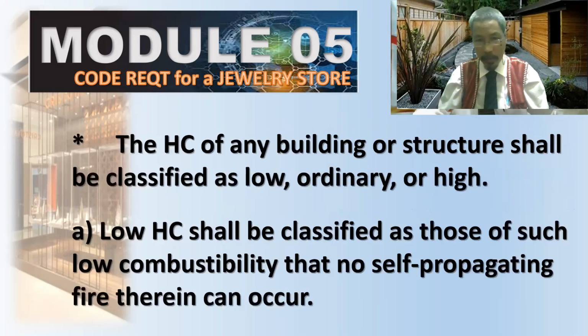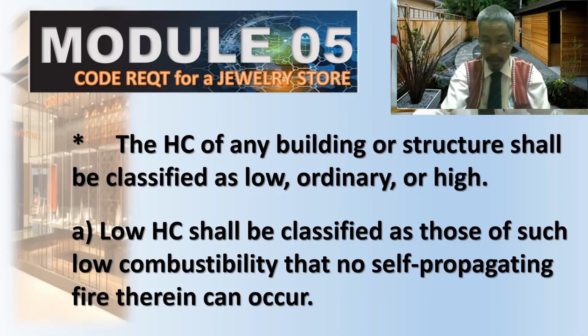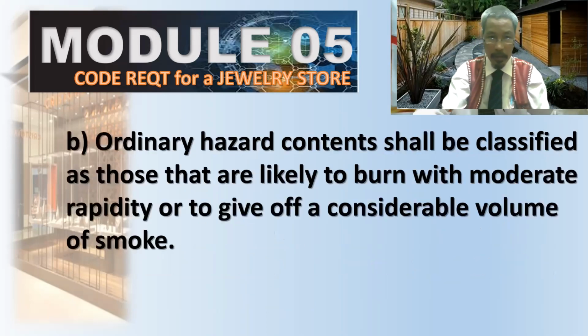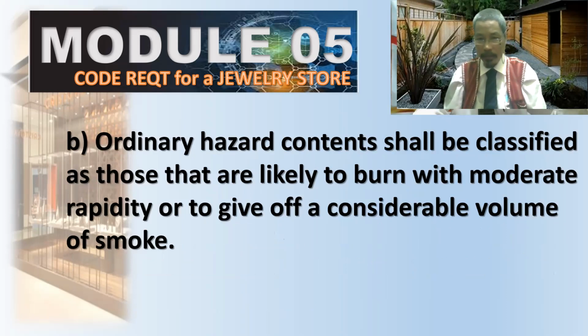The hazard of contents in any building or structure shall be classified as low, ordinary, or high. What is the low? Hazard shall be classified as those of such low combustibility that no self-propagating fire therein can occur. Okay, that is what we mean by low hazard. How about ordinary? Hazard contents shall be classified as those that are likely to burn with moderate rapidity to give off considerable volume of smoke.